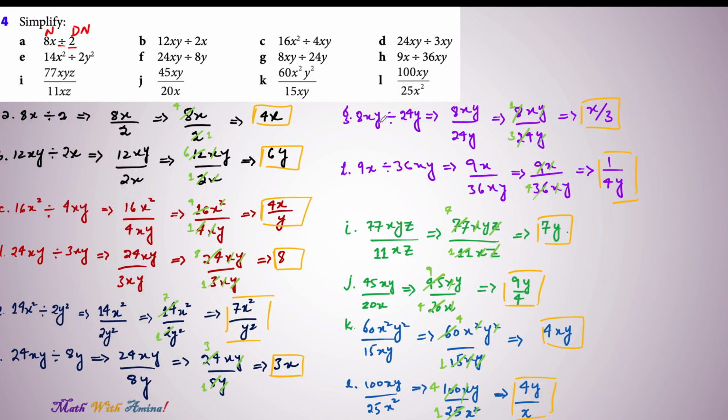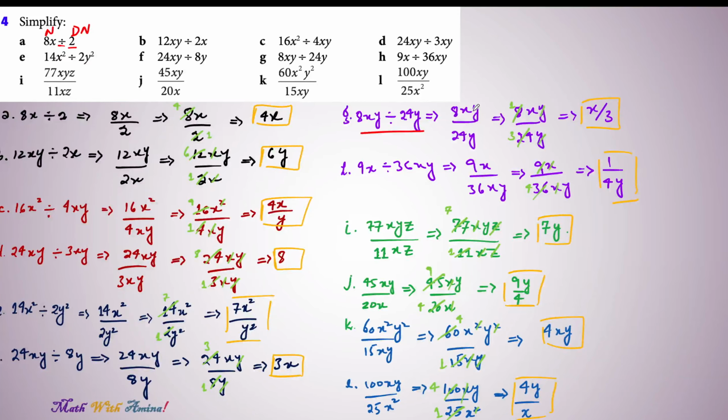Here 8xy divided by 24y, we will write this as a fraction. It will become 8xy over 24y. 8 divided by 24, we will look if we can simplify it. 8 multiplied by 1 is equal to 8, and 8 multiplied by 3 is equal to 24.